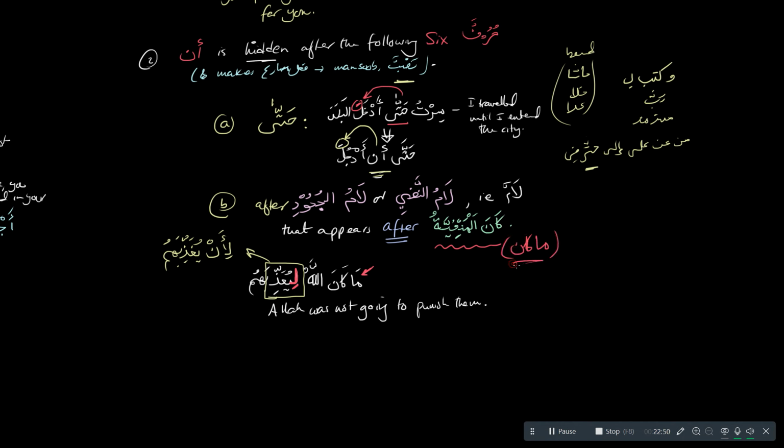Number 3C, after aw, which has the meaning of ila an, until, or illa an, but that.